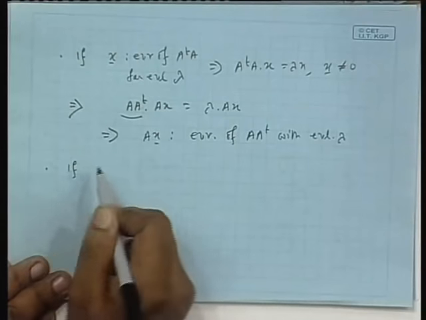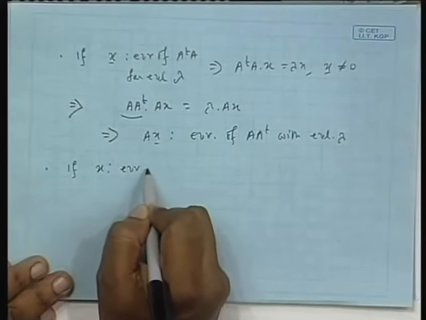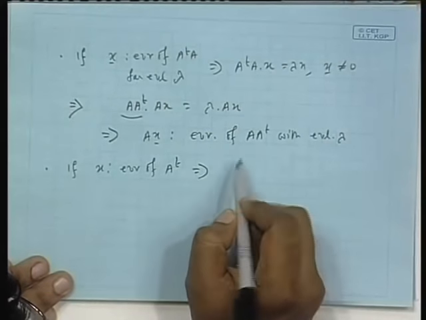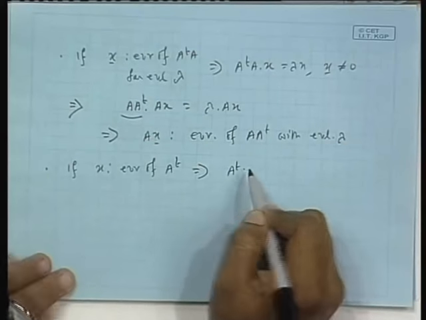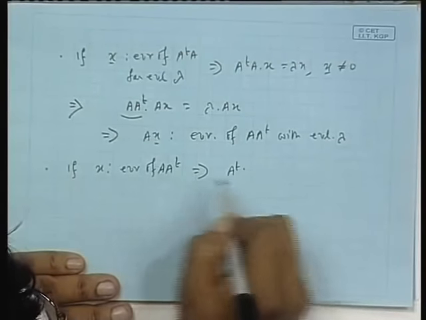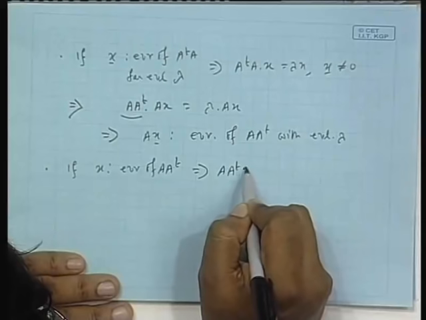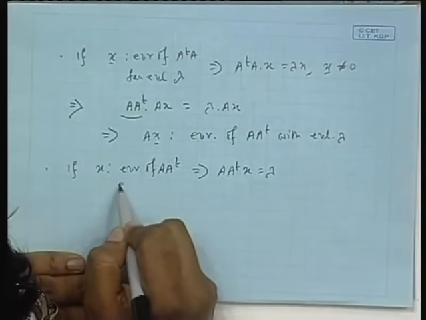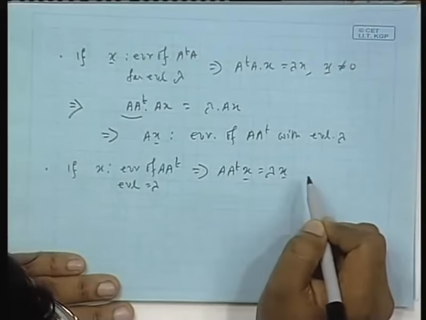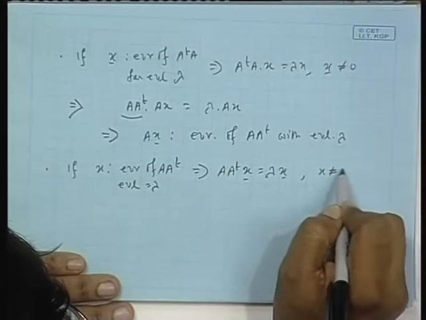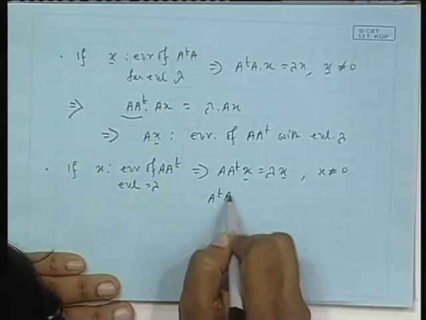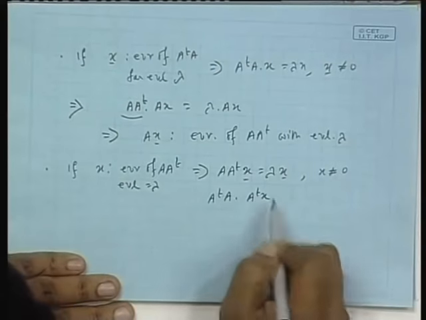Similarly, if x is an eigenvector of A transpose with eigenvalue lambda, meaning A transpose x is lambda x and x is not equal to 0, then A transpose x, if you carry out, what will you get?